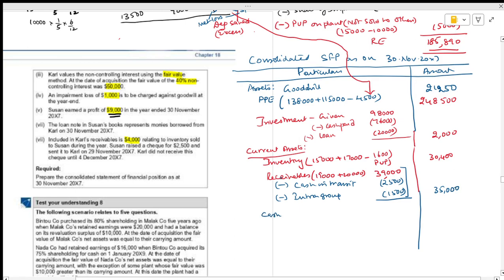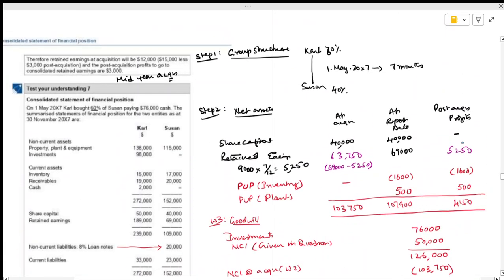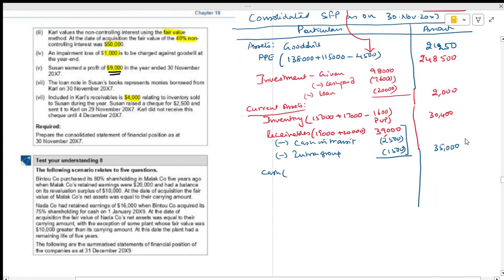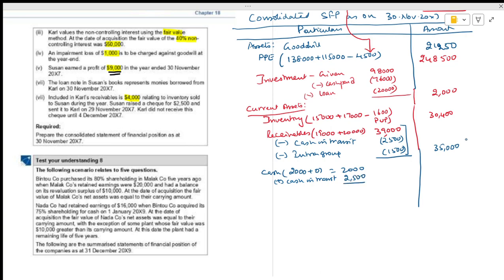Cash we will add. How much is the cash there? Cash is 2,000. There is no cash here, only 2,000. Is it right? I will write it separately. Cash in transit, how much? 2,500. Total 4,500.